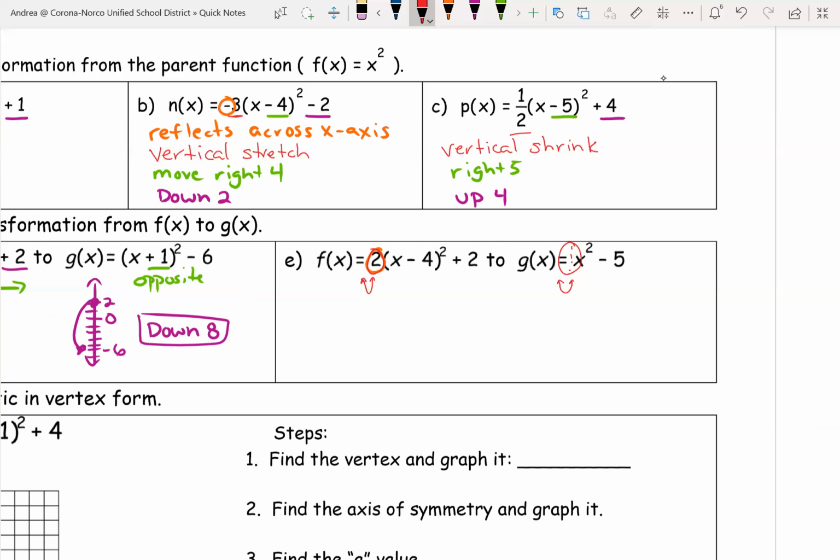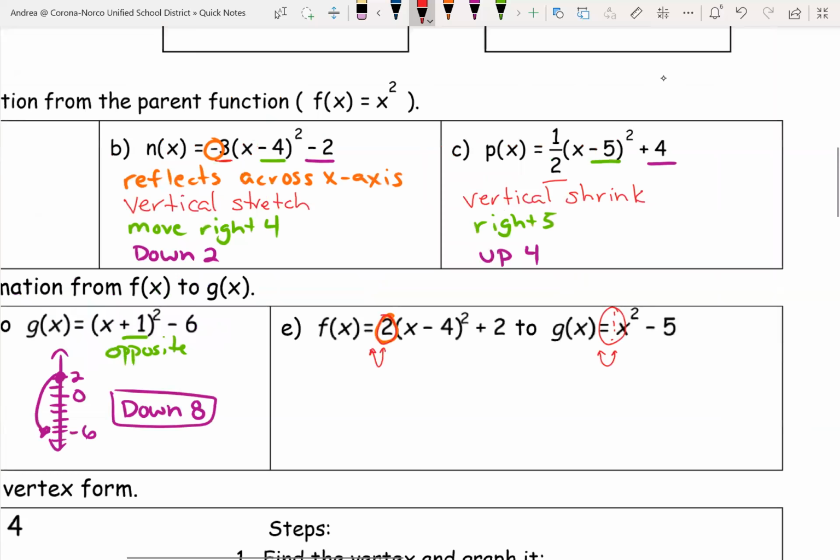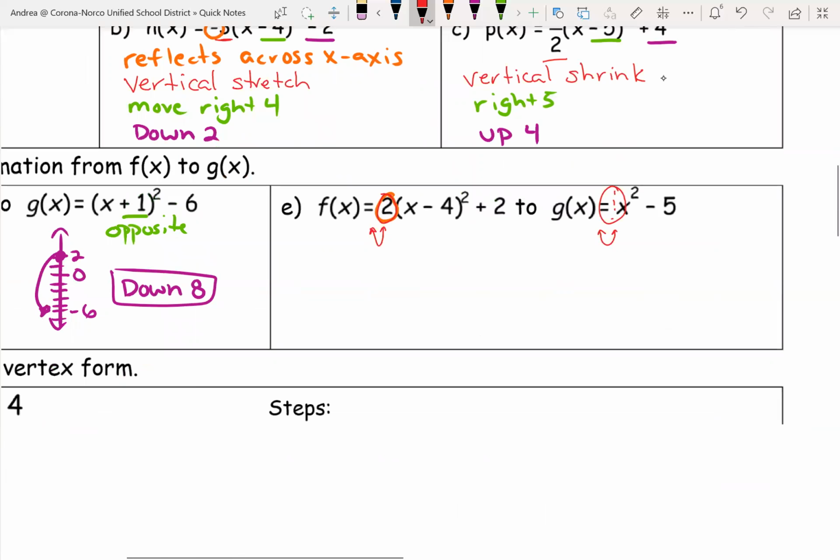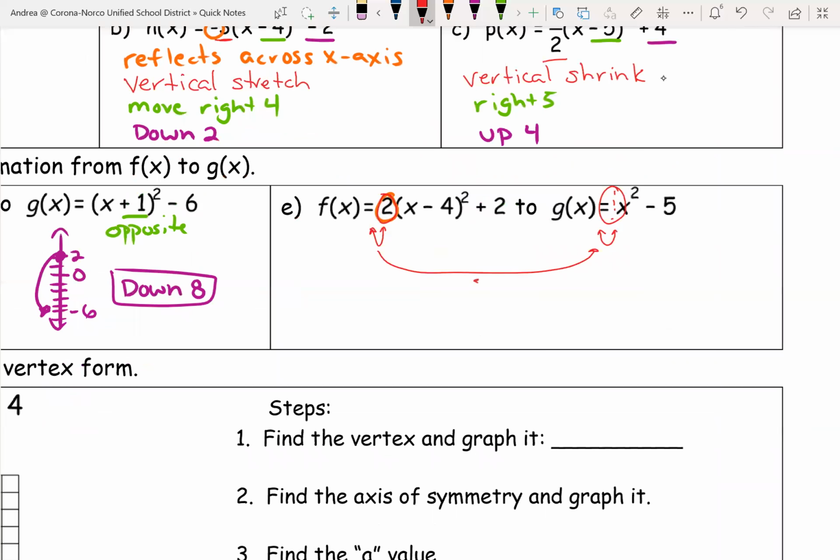From stretch to normal is a shrink. It's a vertical shrink.